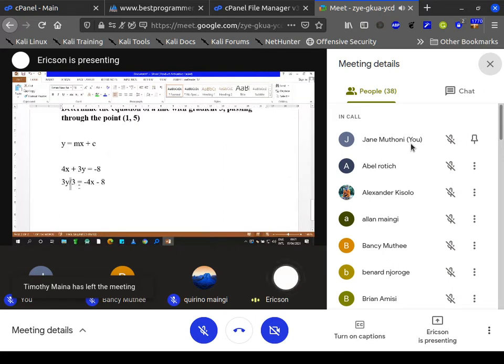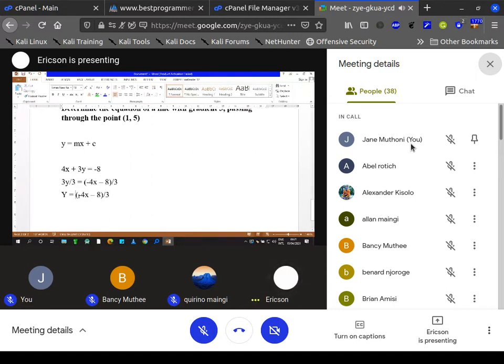So we divide both sides by 3. We divide this side by 3. So we'll be left with y, that side, equal to negative 4x here, minus 8. We divide by 3.